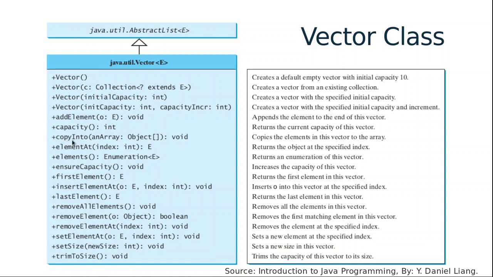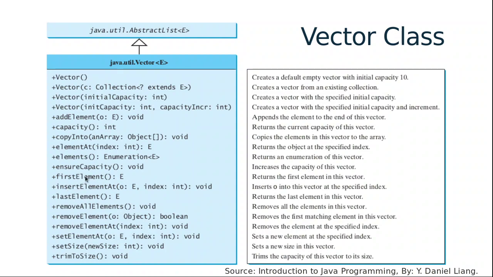The copyInto method will copy your vector into the given array. Then there is the elementAt method, which will return the element at a given index. And there is the elements method, which is just going to return the entire vector as an enumeration object. There is the ensureCapacity method, which is going to increment your vector with the increment capacity.